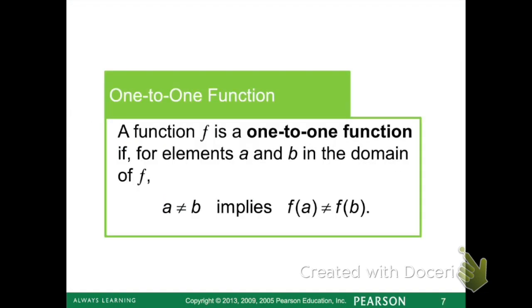So here's a formal definition for a one-to-one function. A function f is a one-to-one function if for elements a and b in the domain, so think of those as x values, a cannot equal b implies that f of a cannot equal f of b. So if my two x values, a and b, don't equal each other, then my two y values, f of a and f of b, can't equal each other.